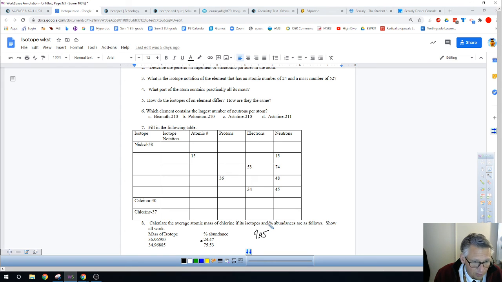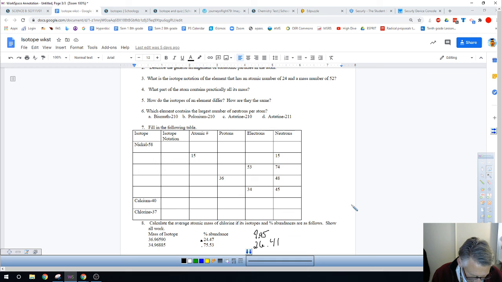And then if we take 34.96885 times the percentage as a decimal, 0.7553, we get 26.41.